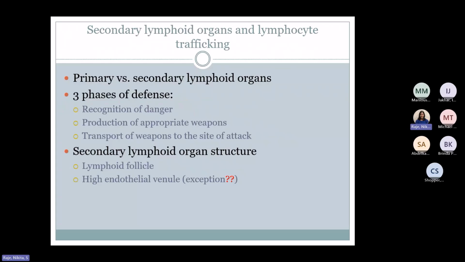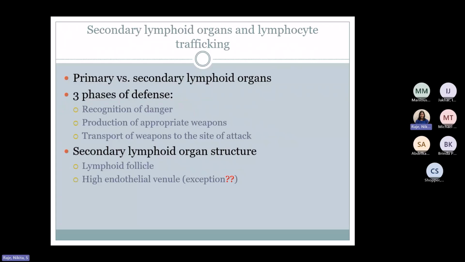So we talked about T cell activation, B cell activation, production of antibodies, production of effector T cells. And once that occurs, there needs to be transport of those weapons to the site of attack. That transport is important because otherwise there's no point of having all of that machinery there.